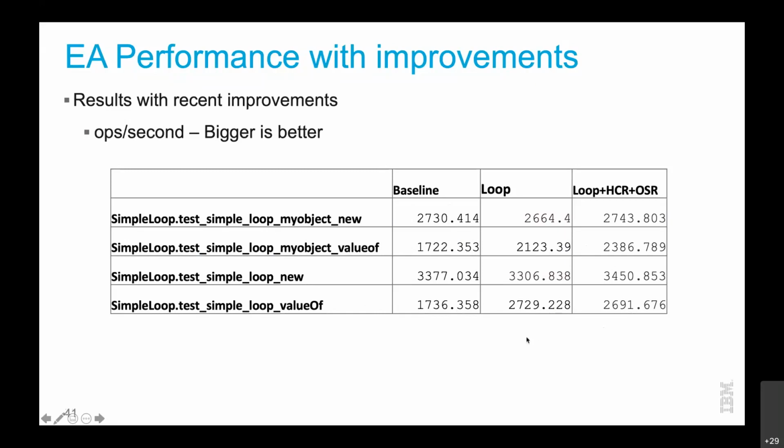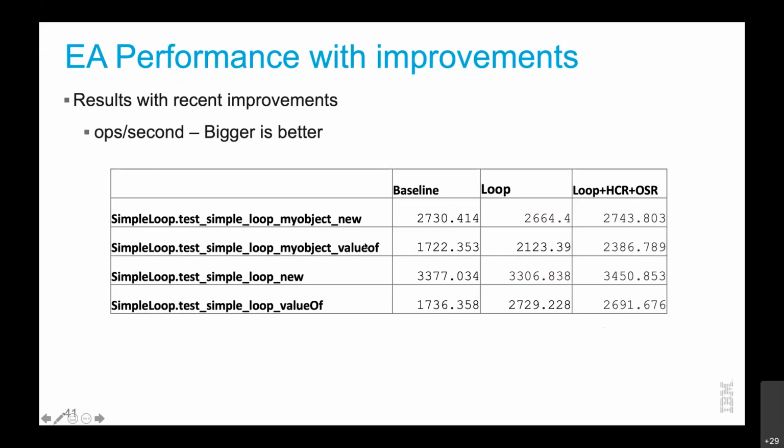With the loop improvement from VJ that I mentioned, that was bumped up in both of those cases, both with the integer object and with the MyObject. With the further improvement in HCR and OSR from Andrew, we got further improvements in the particular MyObject valueOf case.